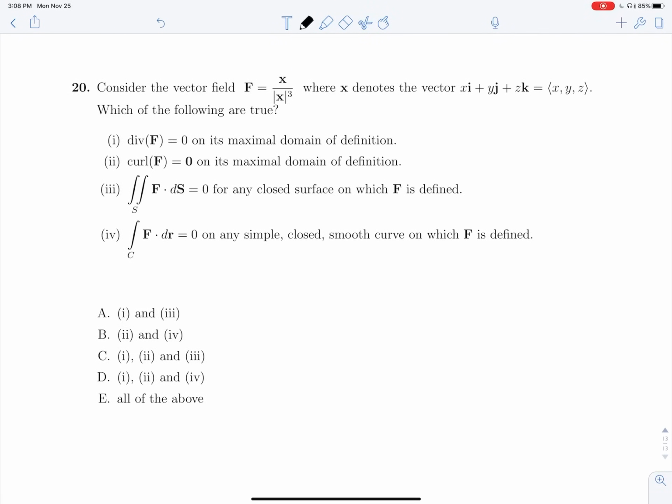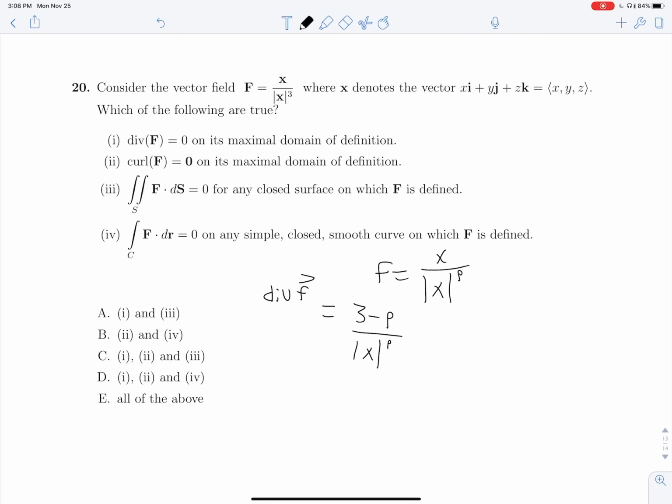Let's consider this radial vector field where x denotes that radial vector. Which of the following is true? So we have a little rule that's going to help us. If f is a radial vector field in the form f equals x over magnitude of x to the p, we know that the divergence of f is 3 minus p over magnitude of x to the p.